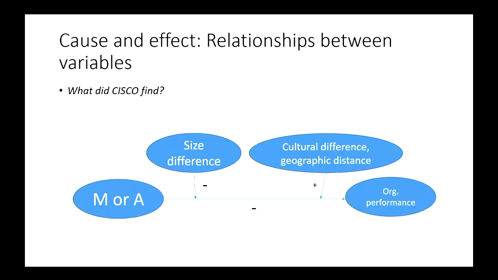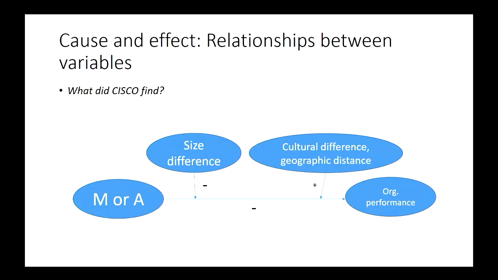Okay. And in my logic, I think if the difference of the size is bigger, it's more likely to fail. And if the cultural difference is bigger, it's more likely to succeed. That's your logic.